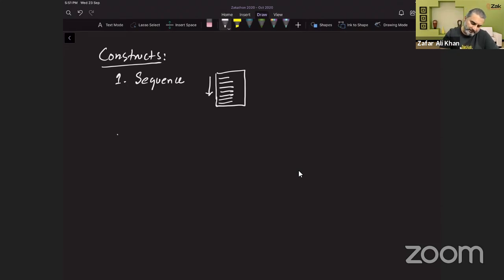Second one is selection. Selection is also called decision. This is basically the use of if, then, else.